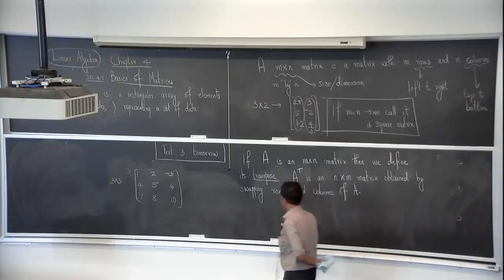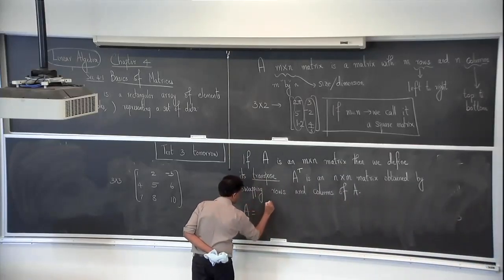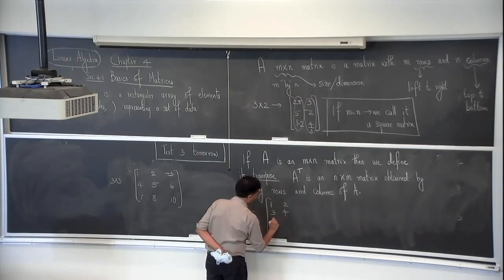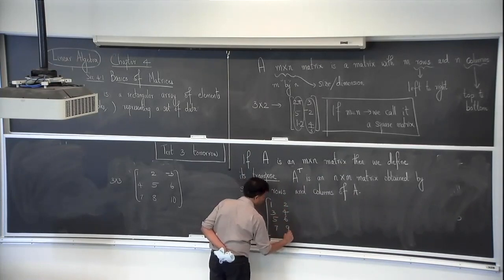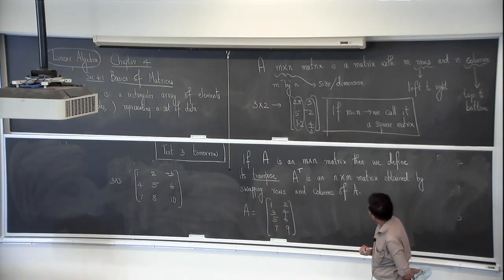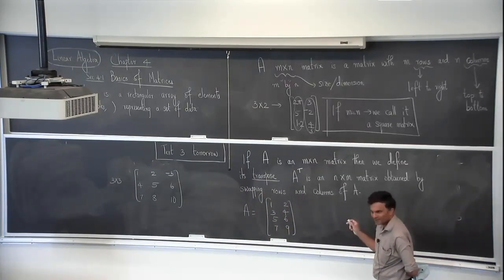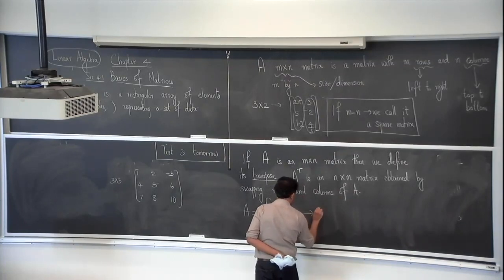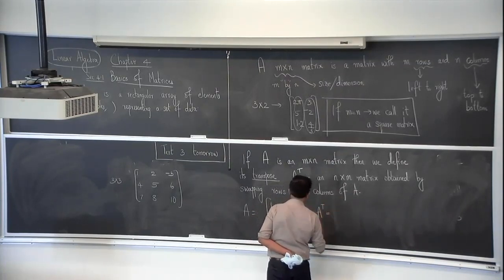So if A is the following matrix, say 1, 2, 3, 4, 5, 6, 7, 9. Let me see if you understand what I'm trying to say here. What is the dimension of this matrix? 4 by 2. Good. Then A transpose would be a 2 by 4 matrix.